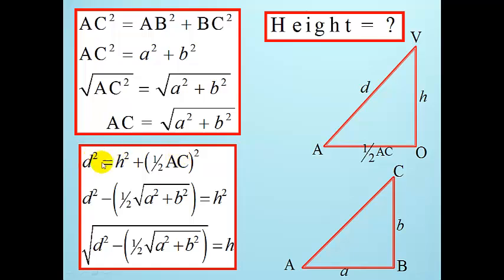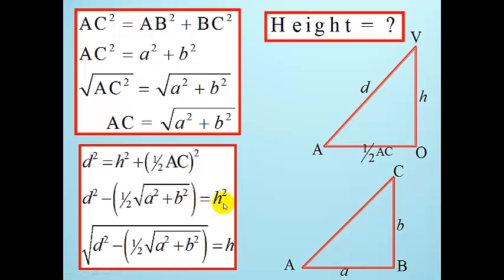So d square is equal to h square plus the distance from A to O, which is half AC, squared. Now, because we are solving for h, half AC square is moved to the left hand side of the equation and it becomes minus. Take note that after calculating AC, we had the square root of a square plus b square. So by substitution, instead of writing AC, we write the square root of a square plus b square, and this is equal to h square.